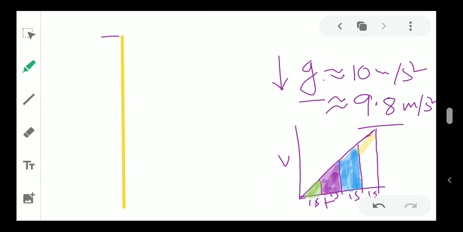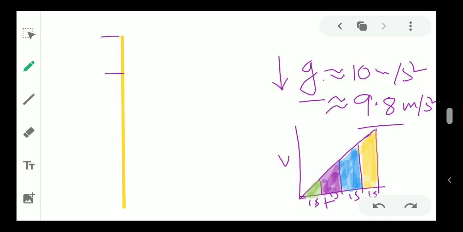So one thing is clear: the more it goes down, in the same interval of time the displacement covered keeps increasing. In the first 1 second it has dropped this much, the next 1 second it has dropped this much, and the last one is the biggest one.